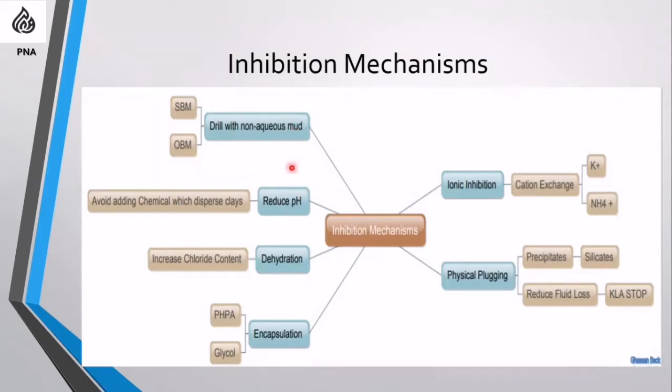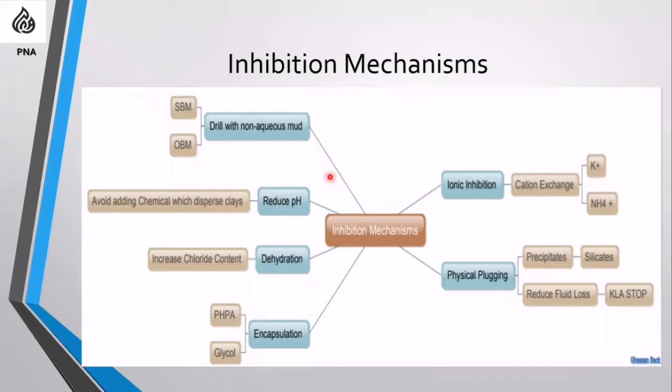The second mechanism of inhibition is to reduce the pH. Reducing pH just means avoiding adding chemicals which disperse the clay, such as caustic soda. If we add caustic soda, it will disperse the clay, and this will work against the inhibition, because we need to inhibit the clay from dispersion.